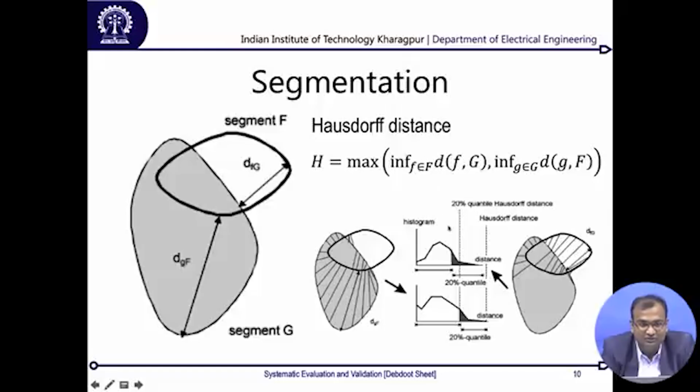Now what the Hausdorff distance does is quite simple. For every point on your segmented region and every point on your actual ground truth G, you find out the corresponding point. You find the largest distance between the corresponding points, and you just take that maximum of the distance, and this is the maximum error in terms of contour deviations.